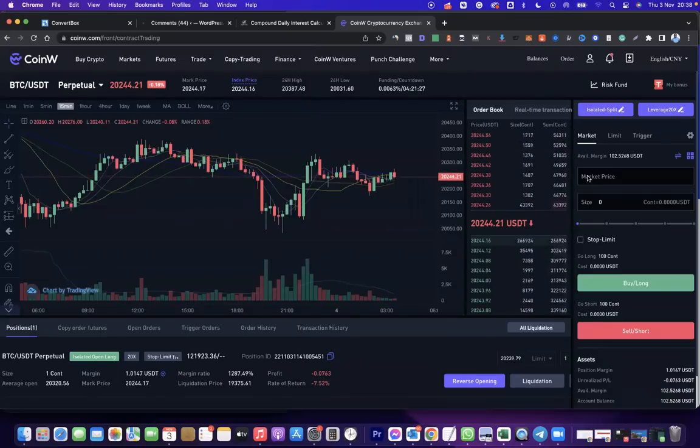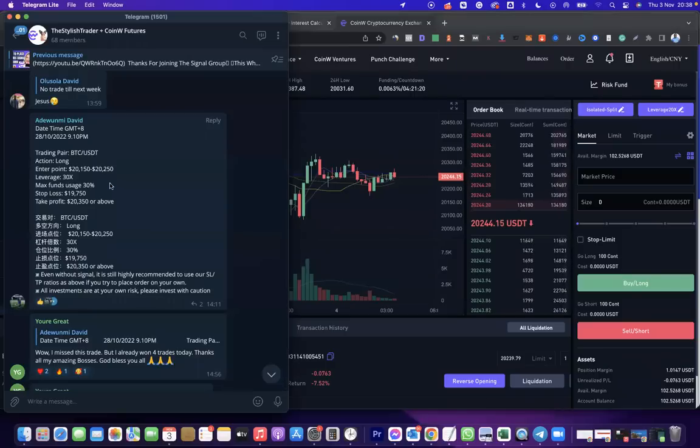If the signal is between the current price, let me go back to the signal. The entry point for this is 20,150 to 20,250, and what we have here is 20,248. So this means we can actually enter the trade.